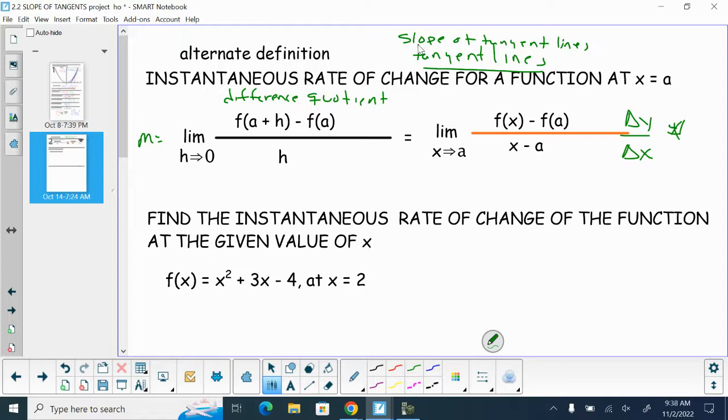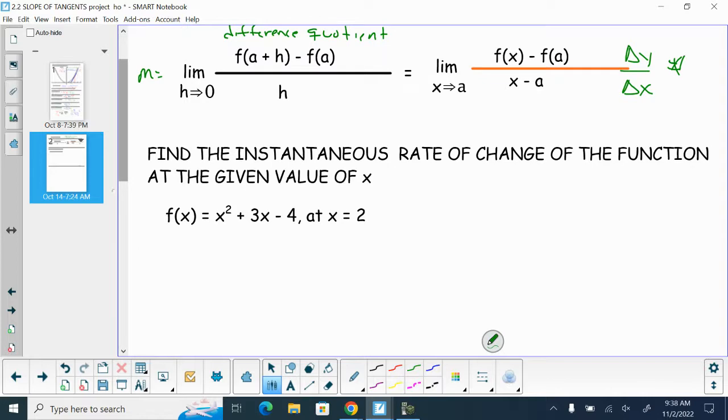It took a lot of effort. So let's take a look at what we have here. We have an a value of 2. So once again, please do not forget your limits. We have a limit as x is approaching a value of 2.